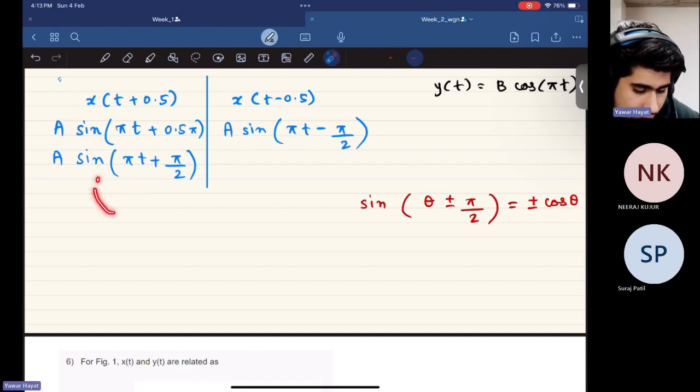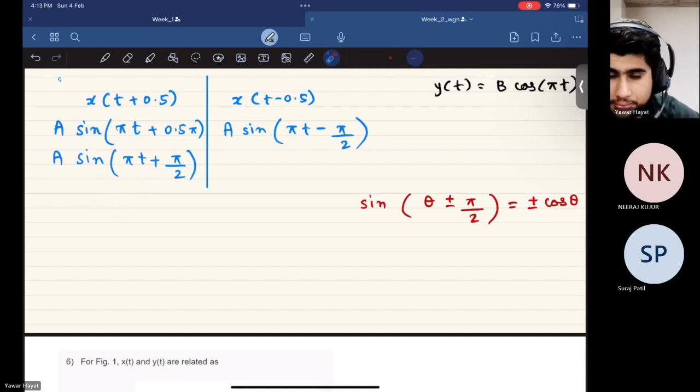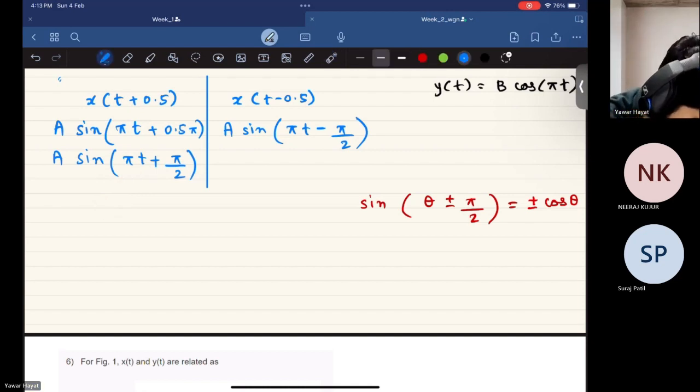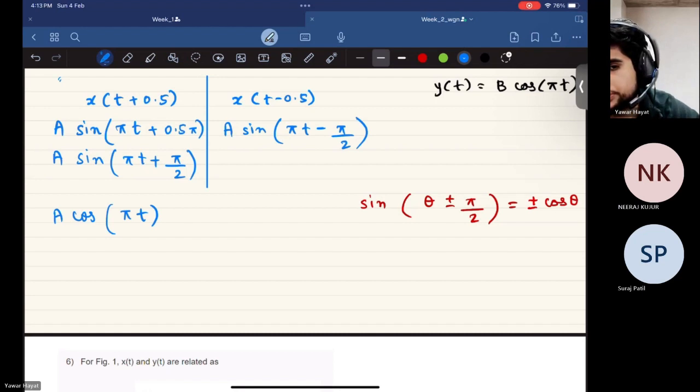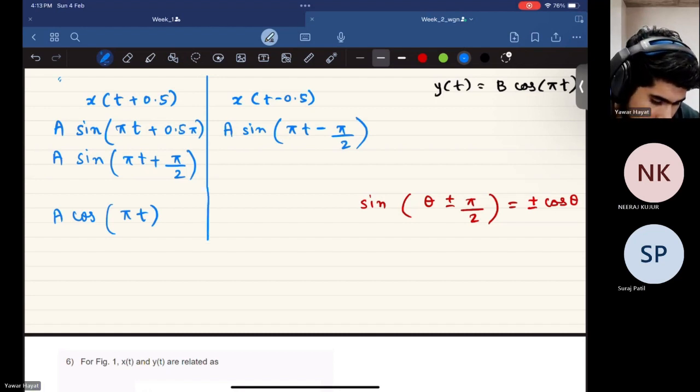This is A cos of pi t, right? And this is minus A cos of pi t.